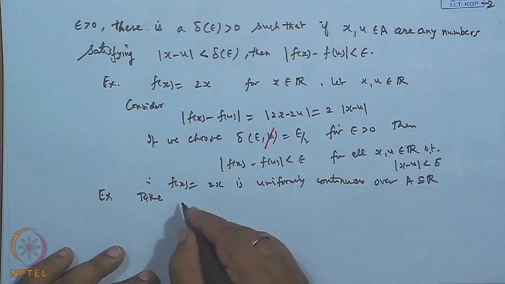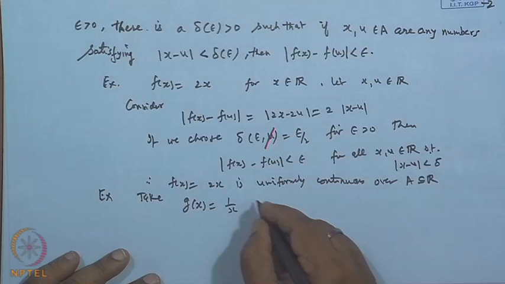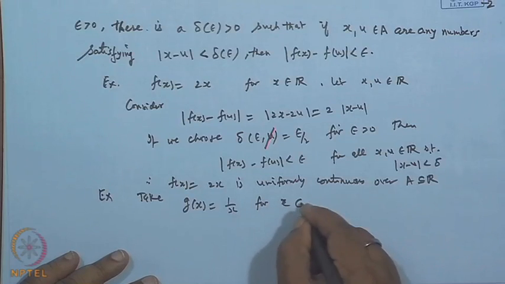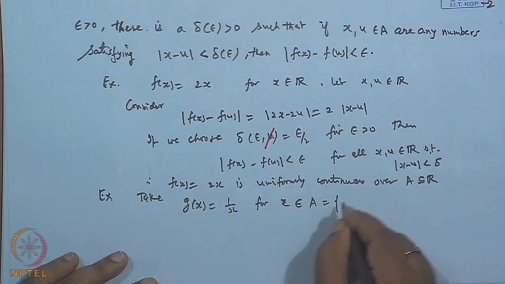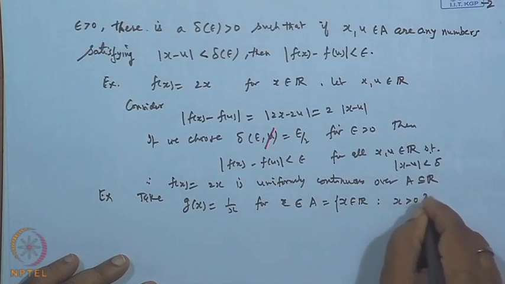Now, take a function g(x) = 1/x, for x belonging to the set A, which is the set of those real numbers such that x is positive.